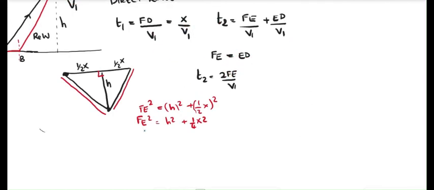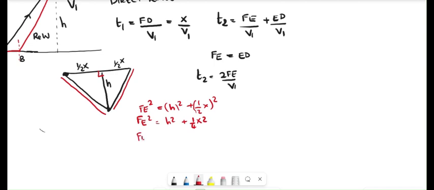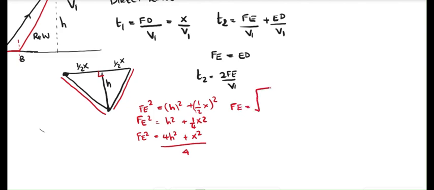If we continue with this, we are going to get FE squared to be equal to 4h squared plus x squared all over 4. So if I want to make FE the subject, it's going to be the square root of this entire expression, 4h squared plus x squared over 4.